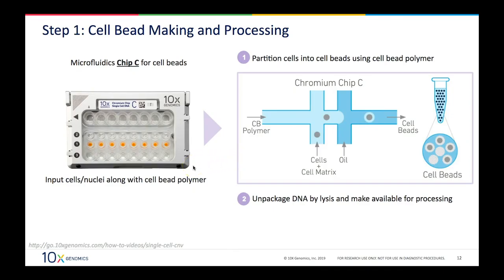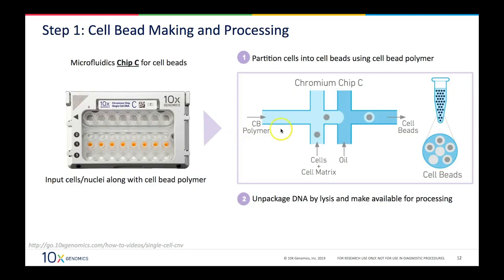The first step consists of a first chip that allows you to generate your cell beads. In order to generate your cell beads, you're mixing your cells with a cell matrix. And upon mixing the matrix with a polymer, the matrix and the polymer will gelate together and turn into a solid gel.